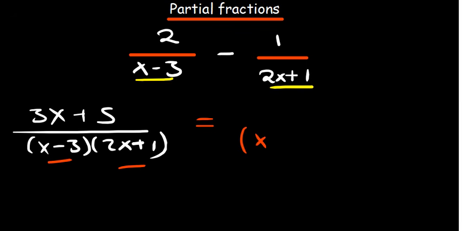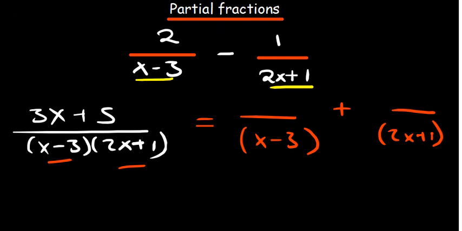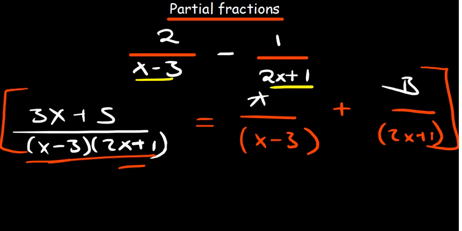So we'll split them, then we'll put an addition sign in between. We don't know our numerators, so we can put A and B to represent them. That is the way you work it out. From this point, you can multiply by the denominator throughout. So we are multiplying the entire equation by the denominator.